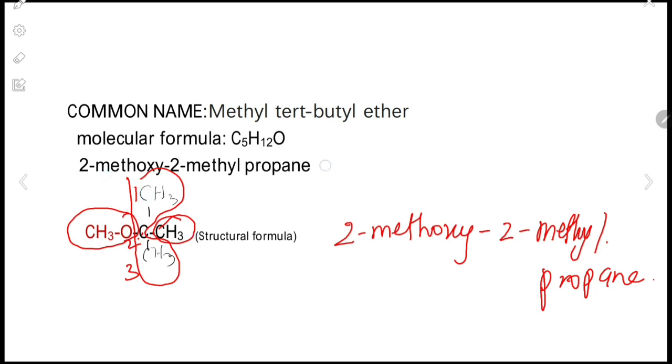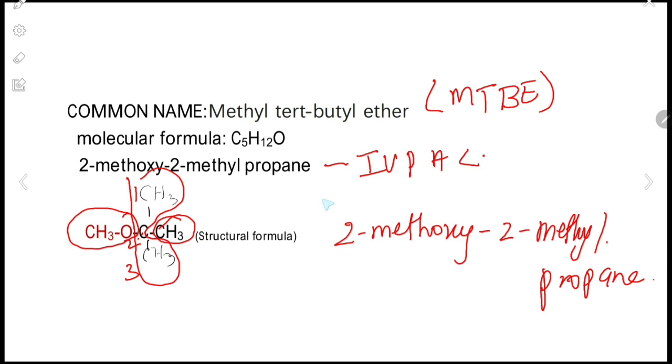This is also called MTBE, methyl tertiary butyl ether, and its IUPAC name is this one, 2-methoxy-2-methylpropane. I hope it is very clear why these two numbers, and when there is an alphabet and then a number, you put a hyphen, and again after the number you put a hyphen and then proceed. So this is how you have to follow the IUPAC rule here.